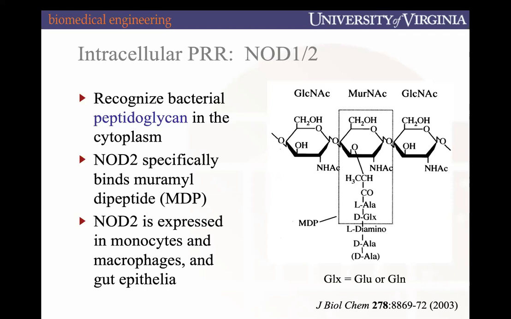So we have N-acetylmuramic acid up top, and we're going to have two amino acids down below. That's the dipeptide part. So NOD2 is going to specifically recognize that certain molecular pattern, and the receptor that binds this molecular pattern is usually going to be found in monocytes, macrophages, as well as gut epithelia.